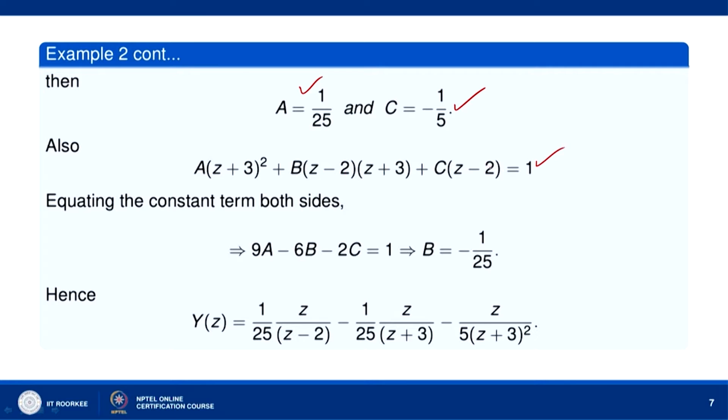So, you can equate the constant term both sides. The constant term on the left side is 9A minus 6B minus 2C, on the right side it is 1.